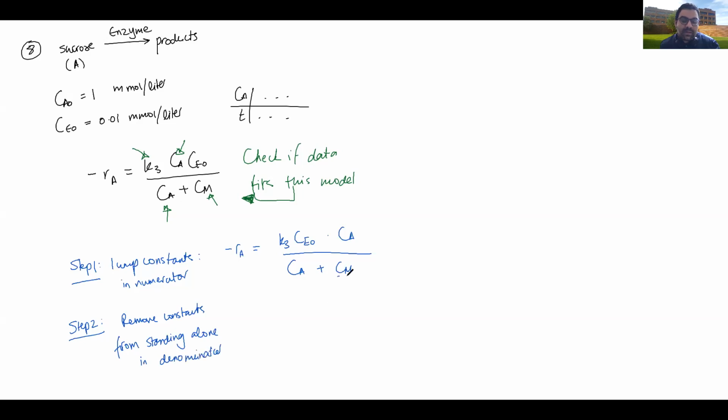And by that, I mean that this CM, I'm not happy with it. I want to have a 1 here. So to do this, I'm going to divide by CM.